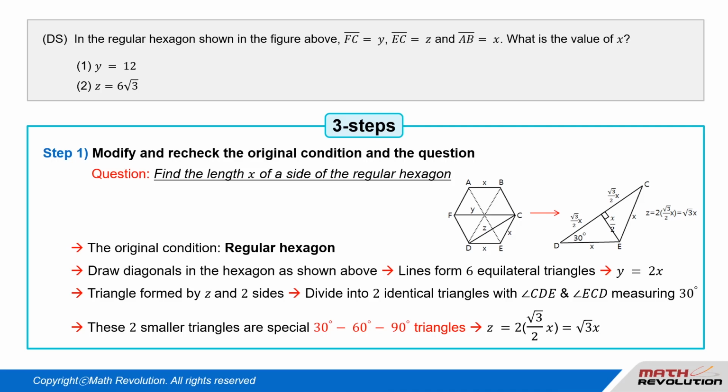Therefore, the value of z can be figured out with the formula z equals 2 times (square root of 3)/2 times x, which equals square root of 3 times x. So we get z equals square root of 3 times x.